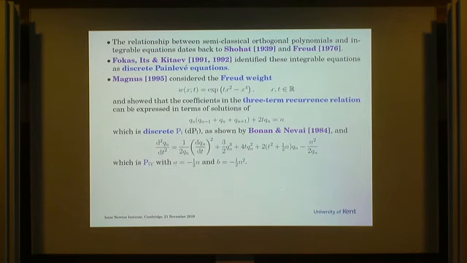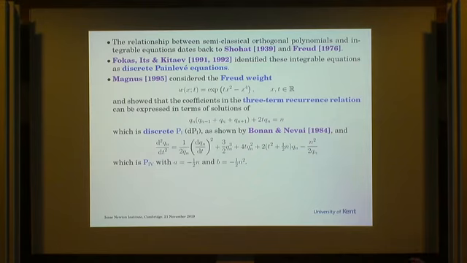Now, I've indicated discrete Painlevé equations, and the link between these semi-classical orthogonal polynomials, which are in effect not classical, and integral equations actually dates back to the work of Shohat and Freud. But it wasn't until Periwal and Shevitz in 1990 that it was demonstrated that these actually were discrete Painlevé equations, though they had been written down.